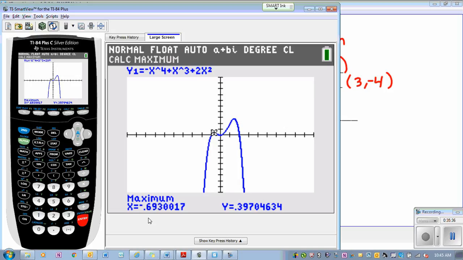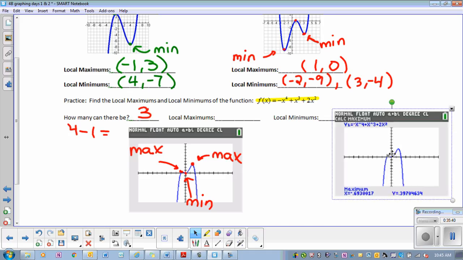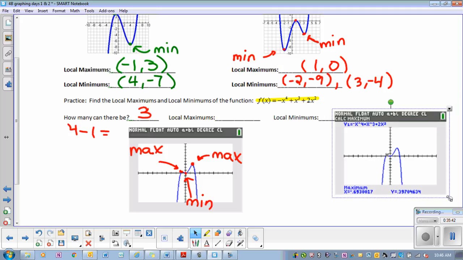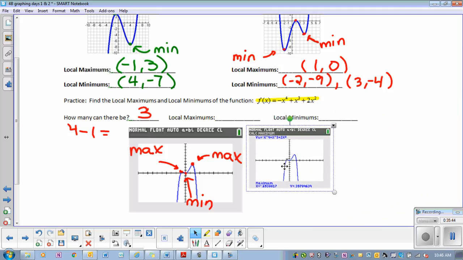There's my maximum. All right, there's one maximum. Let's write this one down. I have a negative 0.69 and 0.40, if I round to the nearest hundredth, right?